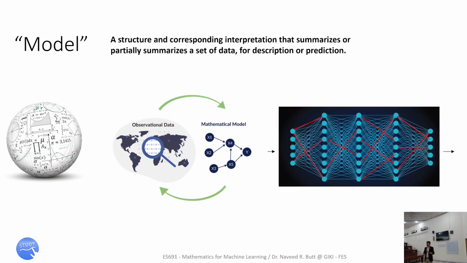It either summarizes or partially summarizes some set of data. Summarize means I present it in minimal mathematical notation. Now you could represent data with a model. What we make, y equals mx plus c, is a model of a line. A parabola has its own model. So we have various kinds of models in math.